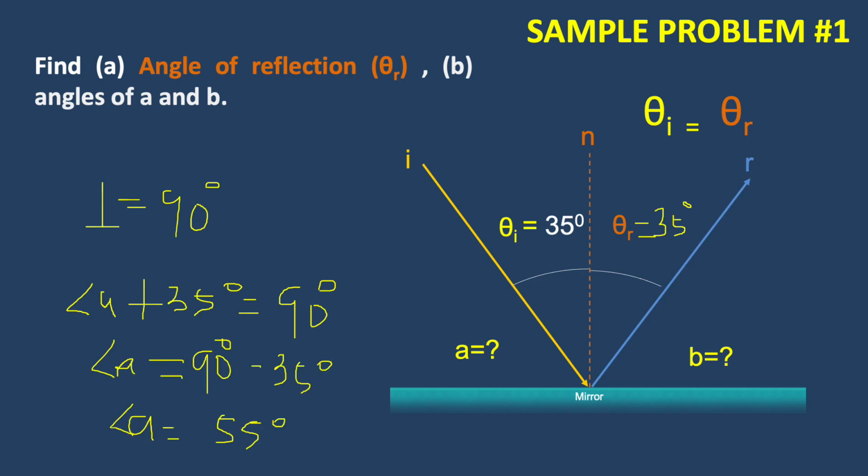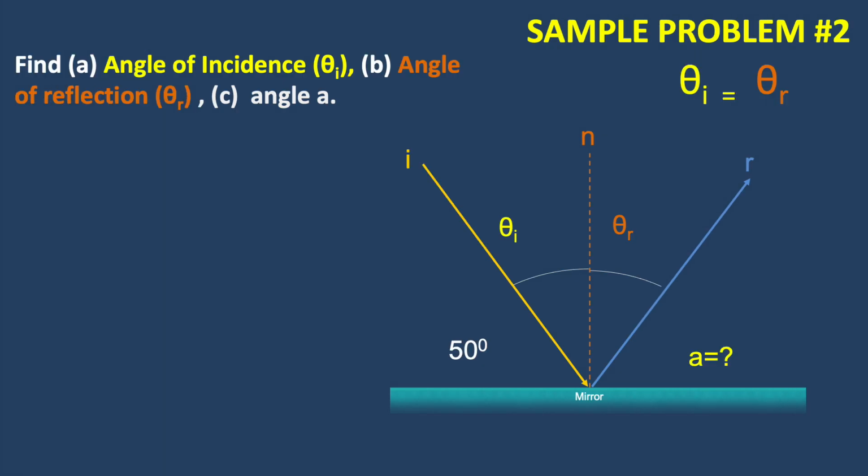Again, angle A plus 35 is equal to 90 degrees. Now to solve the value for angle A, it is equal to 90 degrees minus 35 degrees. Therefore, the answer is the value for angle A is 55 degrees. Similarly, the value of angle B is also 55 degrees.